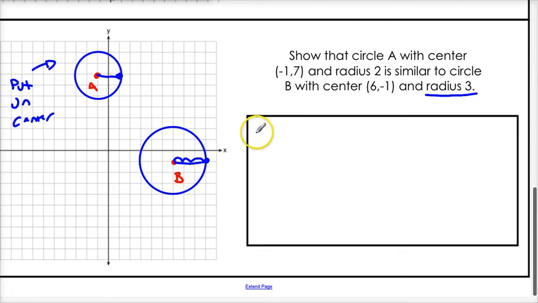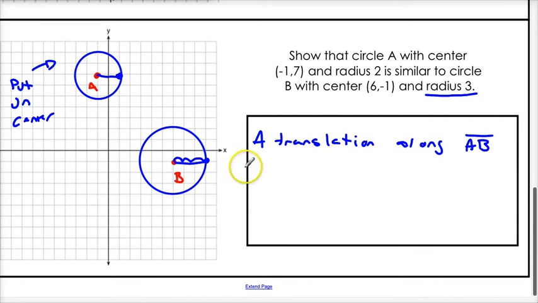So for this one, it's going to be a translation along AB, and then a dilation. So once it moves from A to B, there's going to be a dilation with a scale factor.